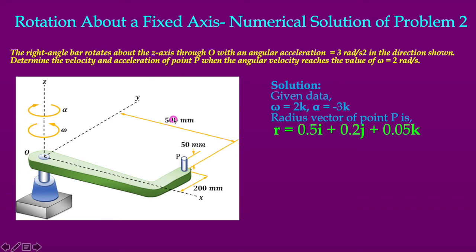In x and y the unit vectors are i and j. So the magnitude of the angular velocity is given as 2k, and alpha is minus 3k. Now why is it so? It is considered this acceleration.